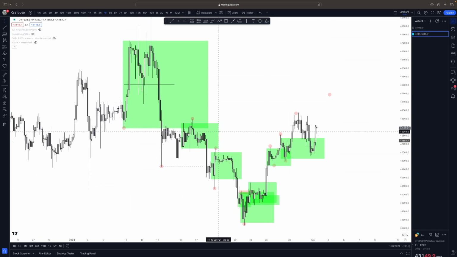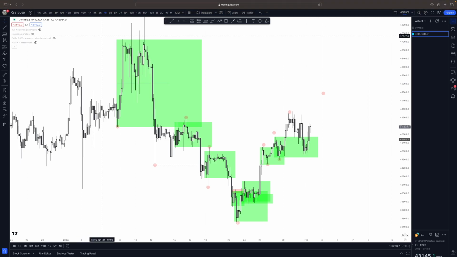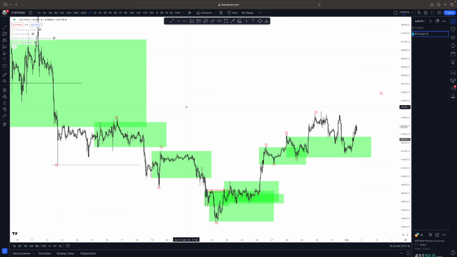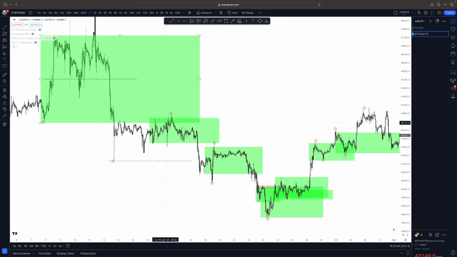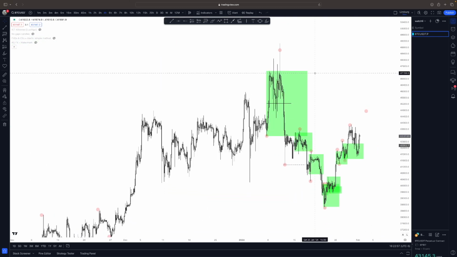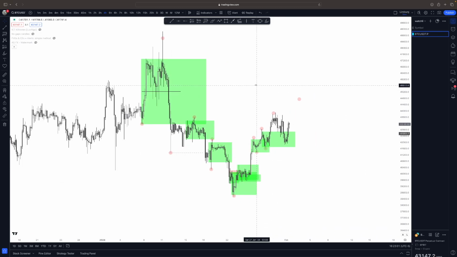We are now on the 4-hour time frame, so these are all 4-hour supply zones. But I can fine tune them down. Even this 4-hour supply zone, I can fine tune down towards a 1 hour. But I will not go in depth in this video. I will do it in a future video.